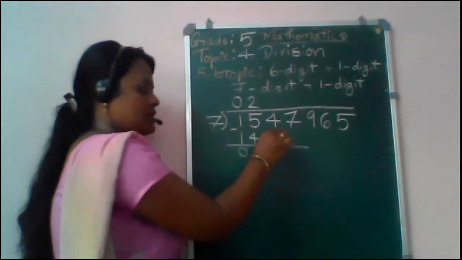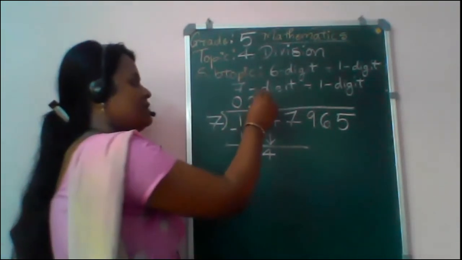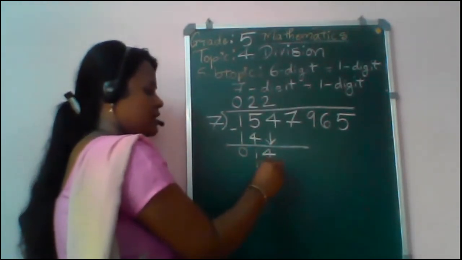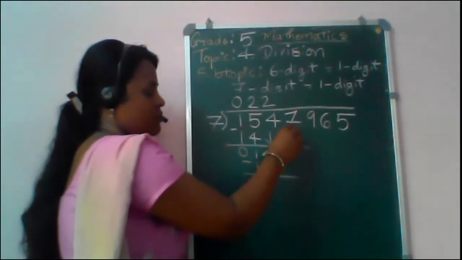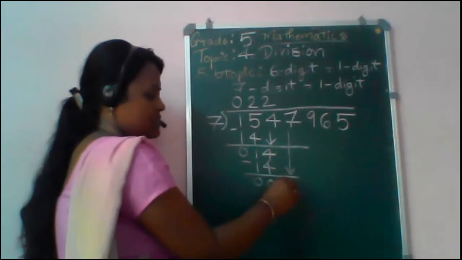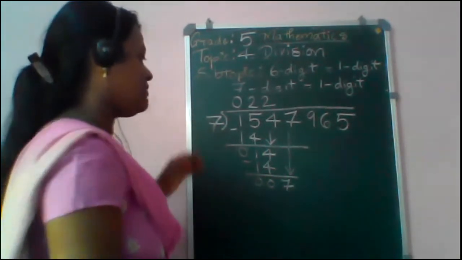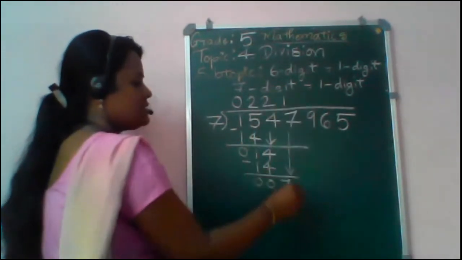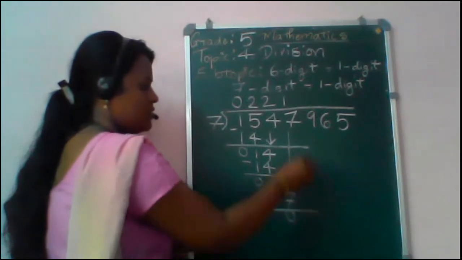Pull down the next digit to make 14. So we have again 7 twos are 14. The remainder is 0. Bring down the next digit 7. 7 divided by 7, it is 7 ones are 7. So we have here the remainder 0.